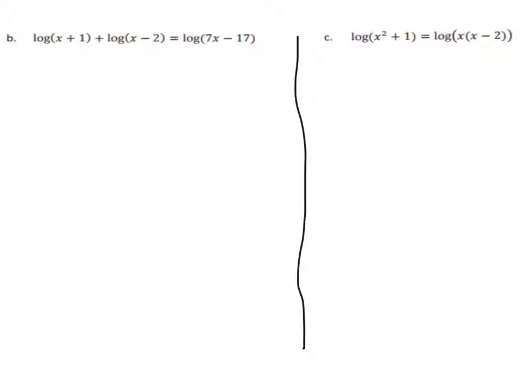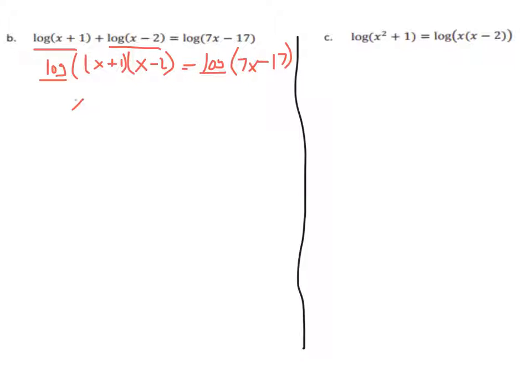Alright, next one. You've got the log of this plus the log of this equals the log of the other side. So you know that's the log of x plus 1 times x minus 2 equaling the log of 7x minus 17. They're both the same log, base 10, since there's no base written.